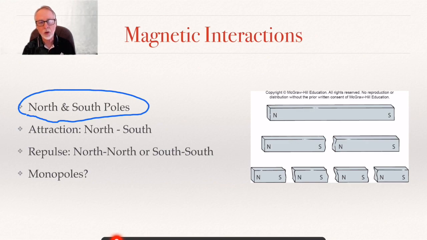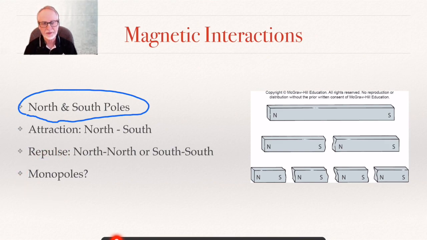A monopole would be a substance that just is a north pole or a south pole, just like we have an ion or an electrical charge. So you can have cations, which are positively charged, and you can have anions, which are negatively charged, right? You can isolate those, but we can't have monopoles, all right?